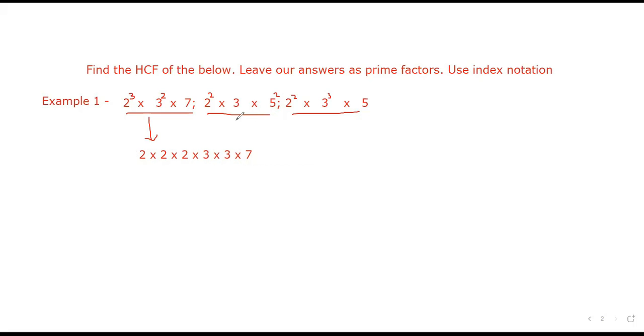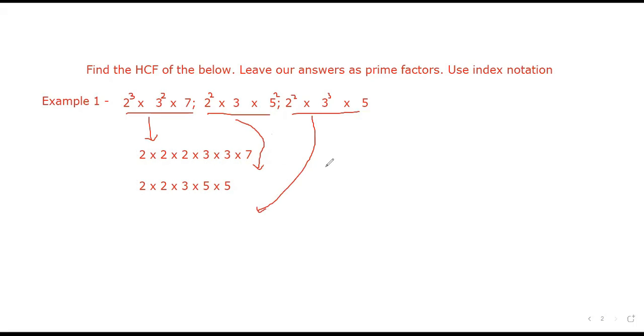The third one now says 2 raised to power 2, 2 times 2 times 3 times 5 times 5. Okay, so it says 5 raised to power 2, and that is it. And the third one, I'm going to put it this way.